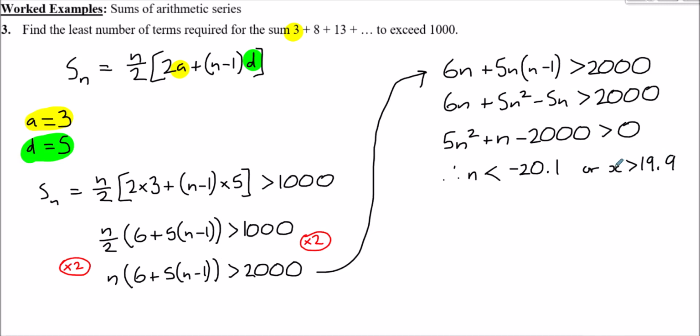Oops, not x, I mean n, my mistake. Now, the number of terms has got to be a positive value. You can't have a minus 20 terms, so we're looking at this here. The number of terms needs to be more than 19.9, but again the term number has to be a whole number, so we can deduce that the smallest integer value that satisfies this is 20. So we need 20 terms.